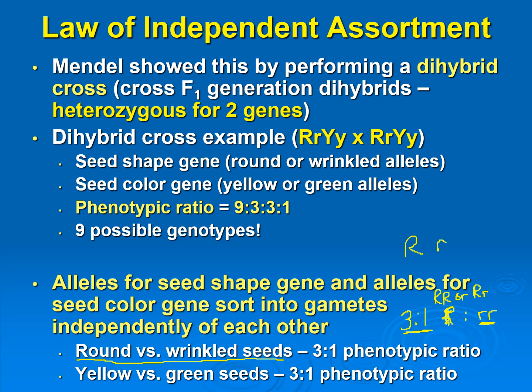Also, if you look at the yellow versus the green seeds, the Y versus little y alleles, then you would also see that same 3-to-1 phenotype ratio, indicating the law of segregation.